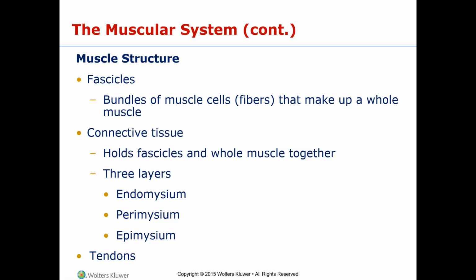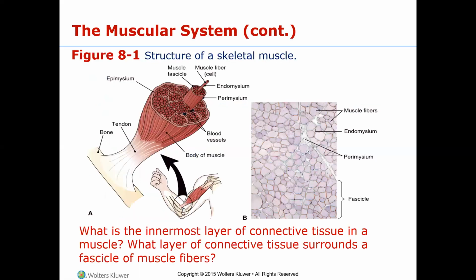So of course, the fascicles have to be held together, and there are 3 layers. And what you can think of is those 3 layers are here, and they are bundles.